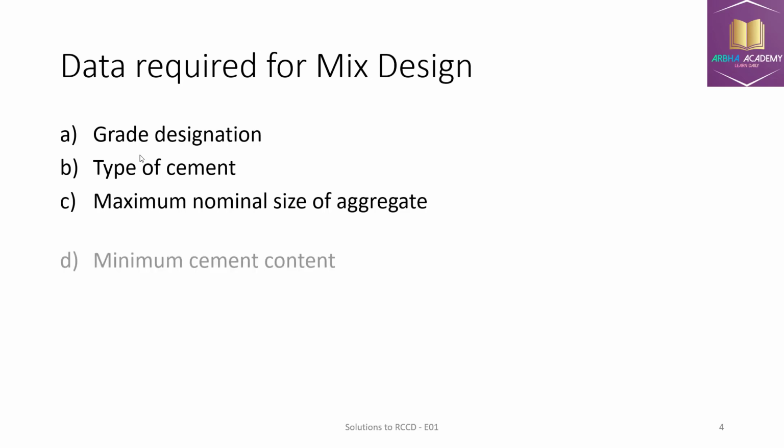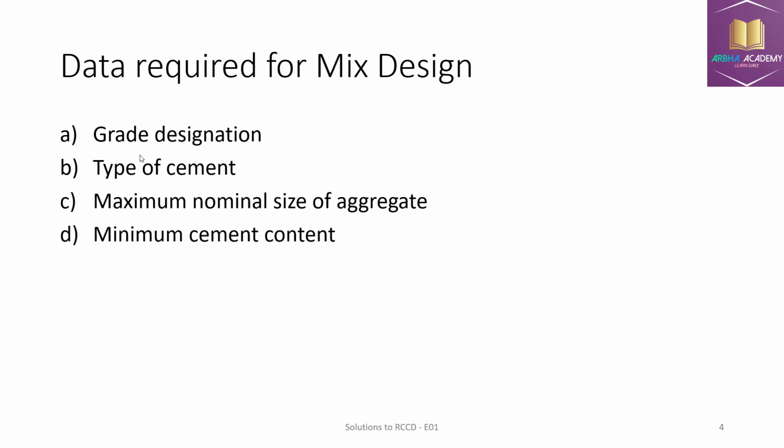Then followed by the minimum cement content that we need to consider for the mix design, how many kilograms of cement we need to have per cubic metre, and then the maximum water cement ratio, because the water cement ratio is the ultimate factor for deciding the cement content.